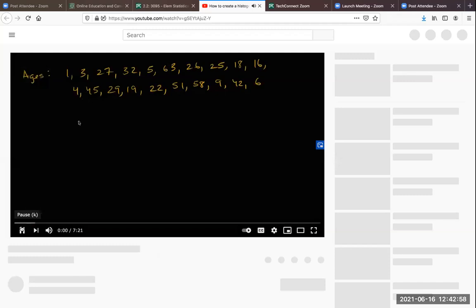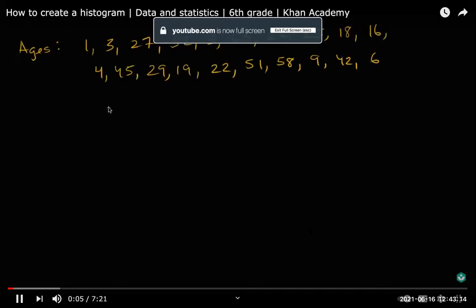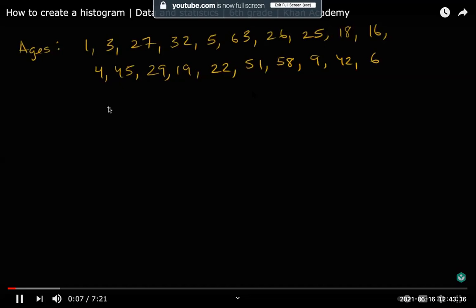So let's say you were to go to a restaurant and, just out of curiosity, you want to see what the makeup of the ages at the restaurant is. So you go around the restaurant and you write down everyone's age.